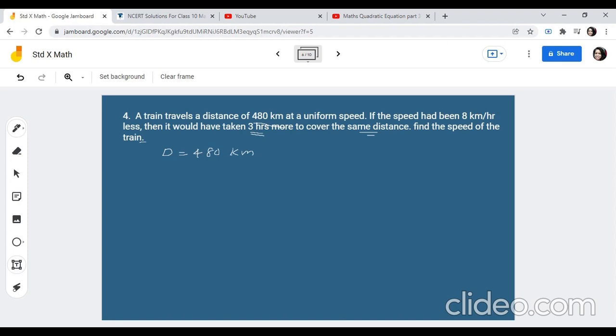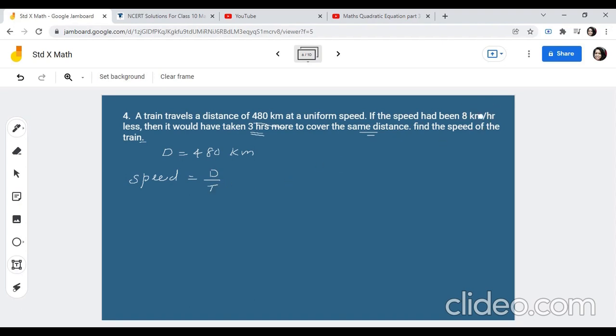So, how will you write the formula? You know that speed is equal to distance by time. Look at here, 8 kilometers per hour. If this is a speed, means what? Kilometers represent distance and hour represent time.